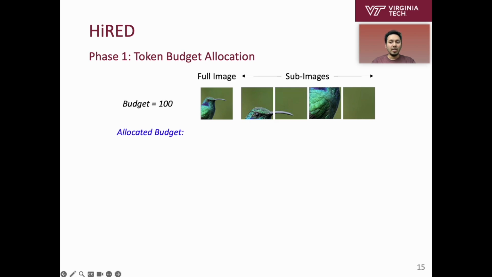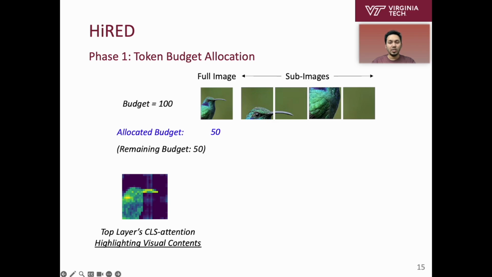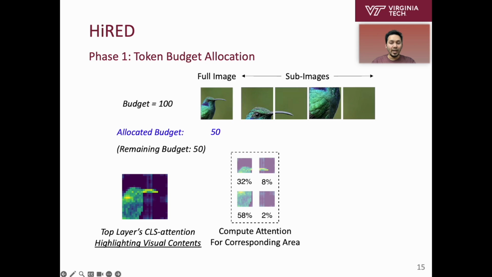For instance, if 50 tokens are allocated to the full image, the remaining 50 tokens will be allocated to the sub-images. As shown in the previous slide, the class attention from the top ViT layers highlights the visual content. Using this attention map, we calculate the ratio of highlighted region that corresponds to the 4 sub-images. And finally, we use this ratio to distribute the remaining budget among the sub-images.